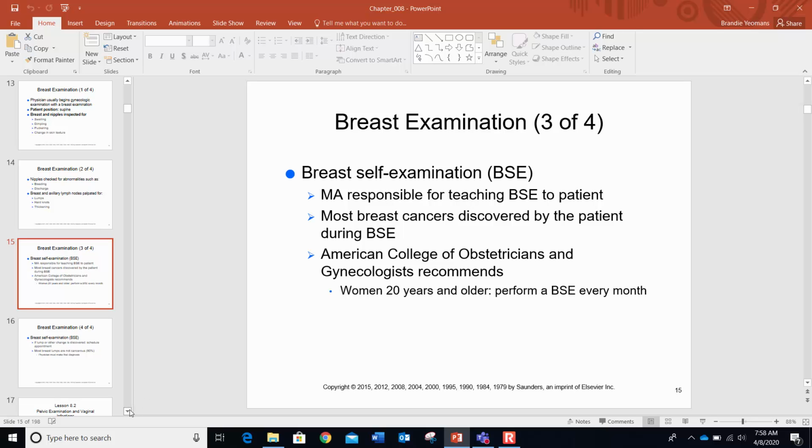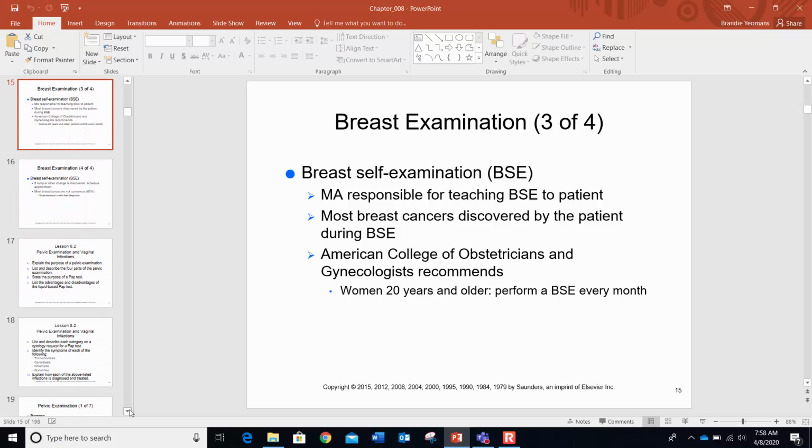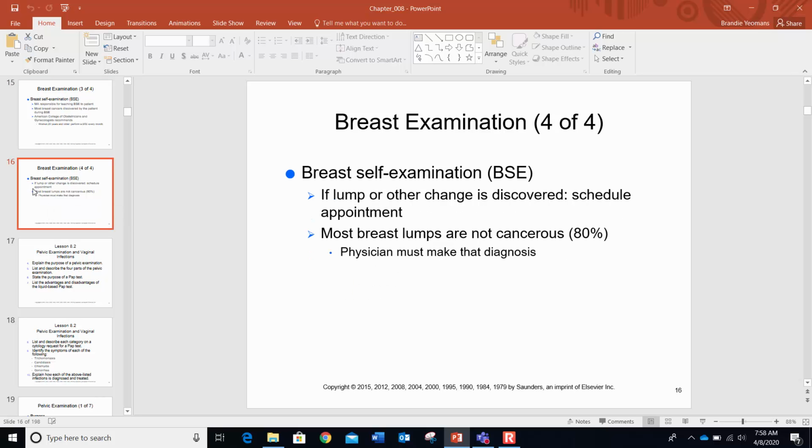Okay? We're also going to talk with our patient about the breast self-exam. This is something that the patient is going to do on a regular basis at home on their own, in order to make sure that they're not missing any problems in the interim between seeing us. The American College of Obstetrics and Gynecologists recommends that women age 20 and older do a breast exam at home each month. Again, they're looking for the same things that we're looking for in the office.